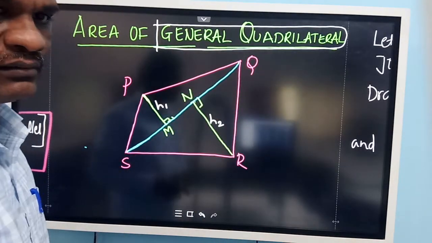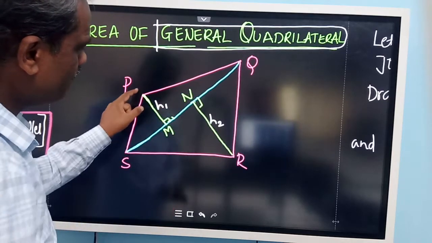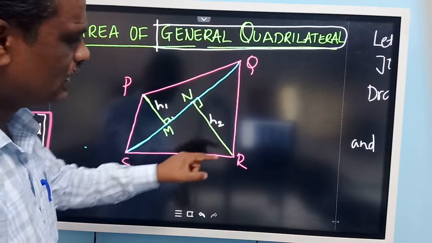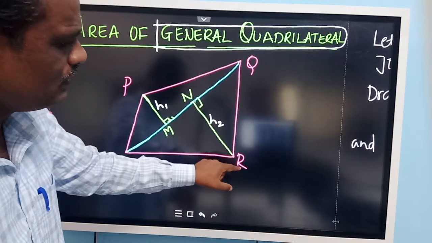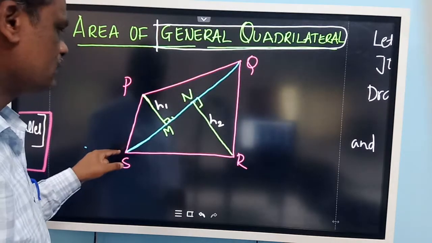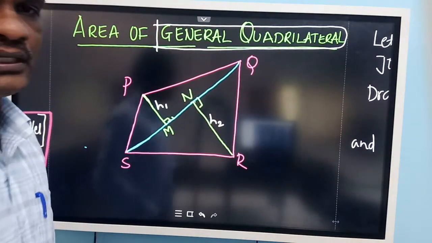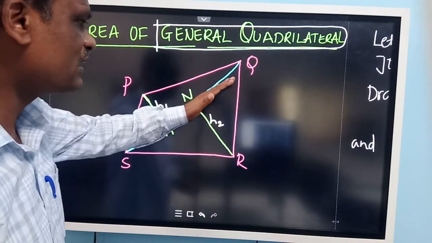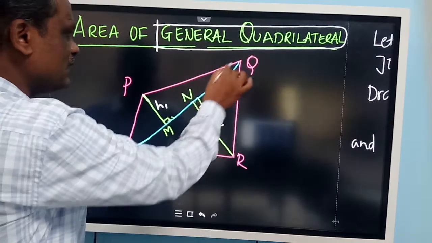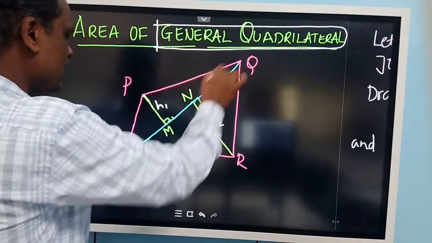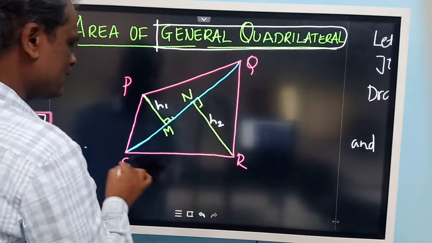Join the diagonal, drop the perpendicular from P to this diagonal and also another perpendicular from R to the same diagonal. When you draw the diagonal, it will divide this into 2 triangles. One is PQS, another one is QRS.